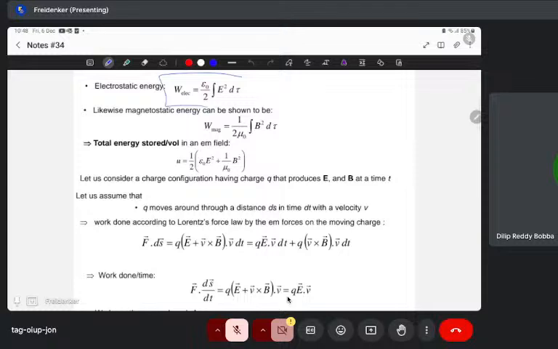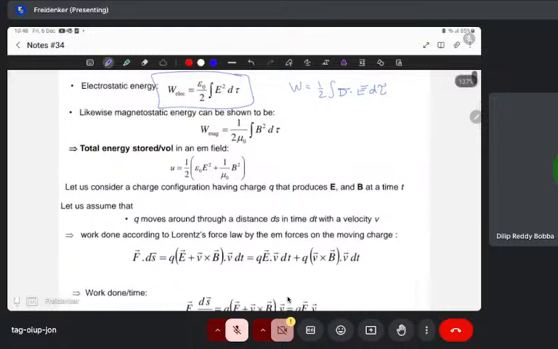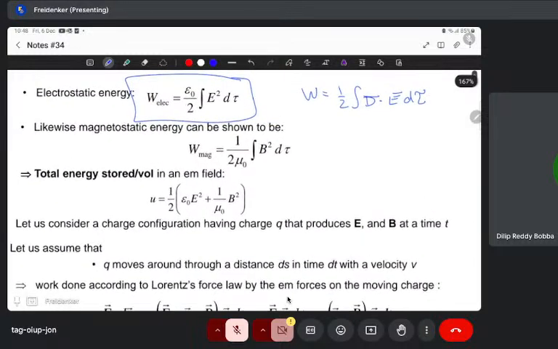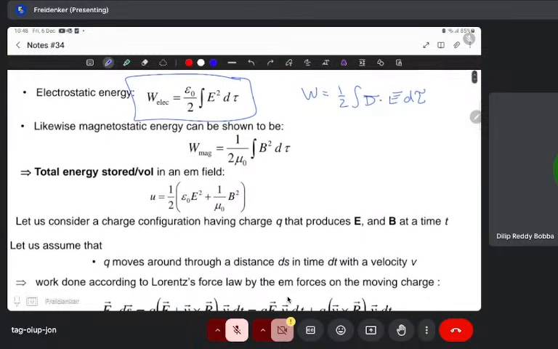This formula we've seen in minor 2 electrostatics. And if you're in a dielectric medium, this will change to half d bar dot e bar d tau. All of this was there in minor 2. You can see the video. The video still exists. And for magnetostatics, wherever you see epsilon in electrostatics, in magnetostatics you will see 1 by mu naught.